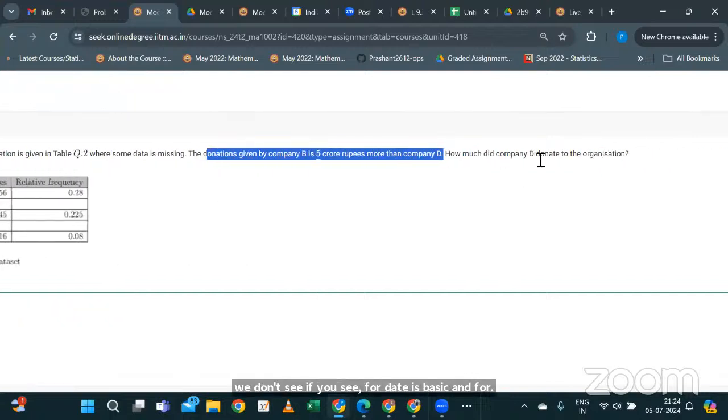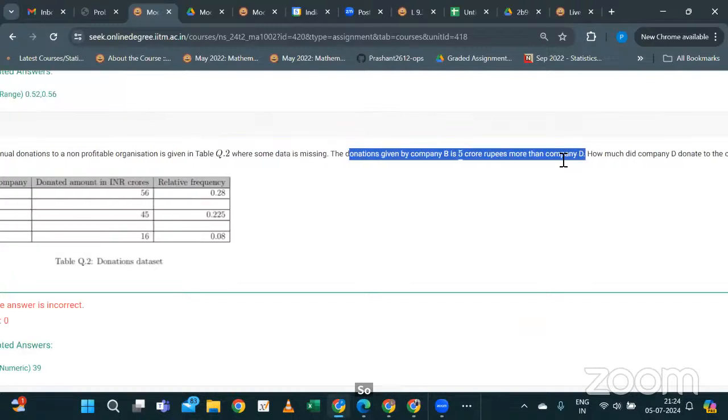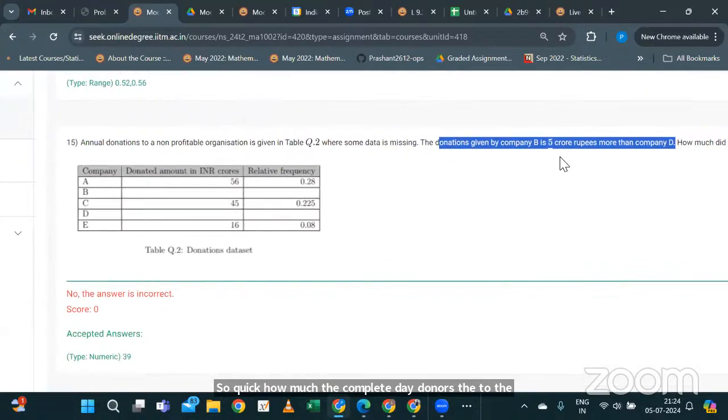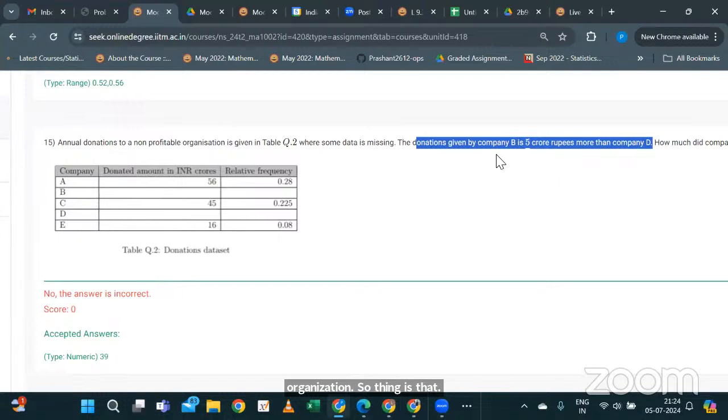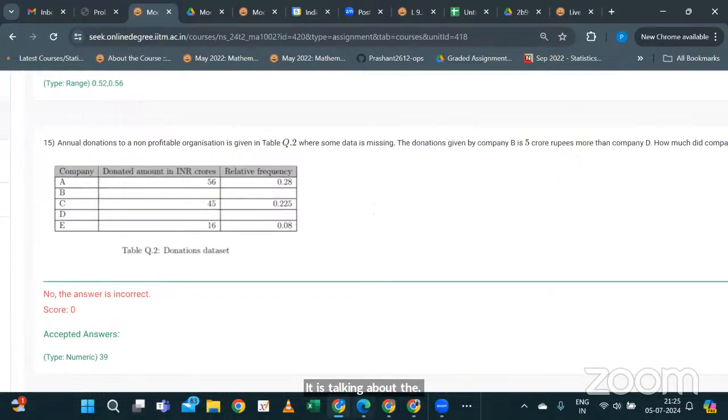So how much did company D donate to the organization? It is talking about frequency, so first of all, what is given to us?